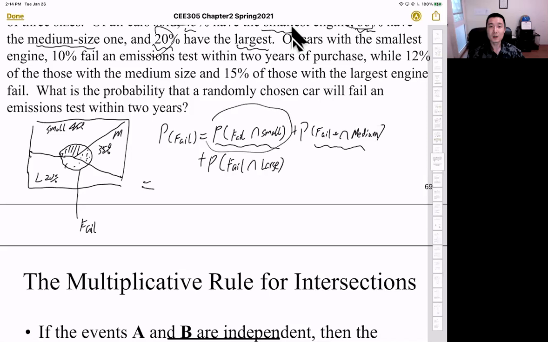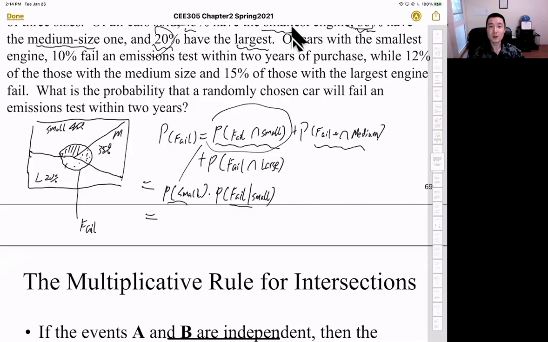The first part is equal to the probability the engine size is small times engine fail given the engine size is small. Okay, and both of these two are given by the question.